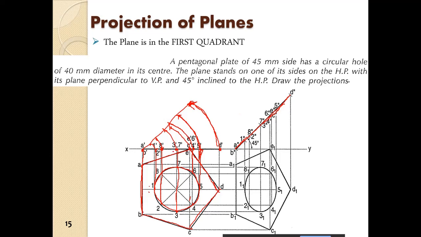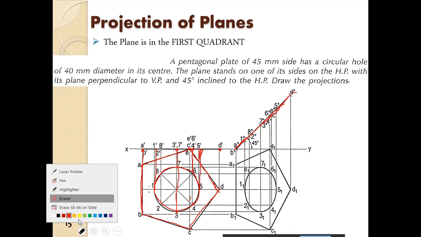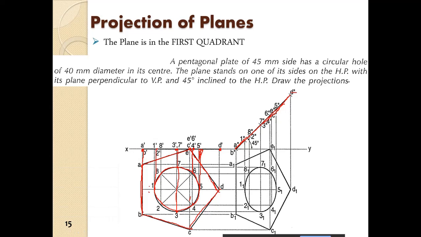So either you can do that here itself and then project it with horizontal projectors, or you can take the dimensions of this length, A1 dash, A1 dash, then A8 dash, A8 dash. All right.